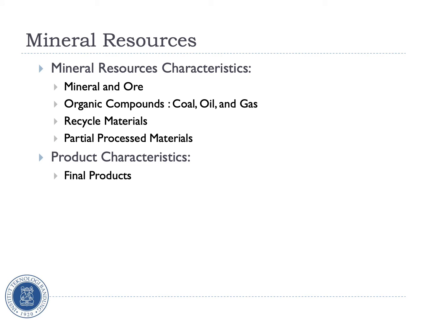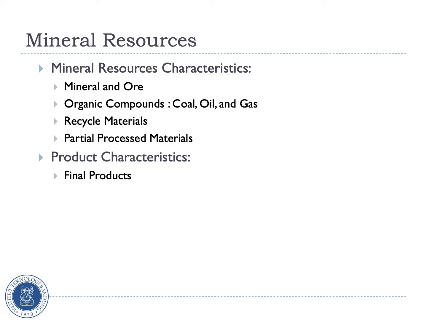Now let's talk about mineral resources. The mineral resources characteristics are what we will explain in this video. It first is a mineral, an ore, an organic compound. As a chemical engineer, of course, you know a lot about organic compound, the oil and gas and coal, so I won't be explaining this one much.